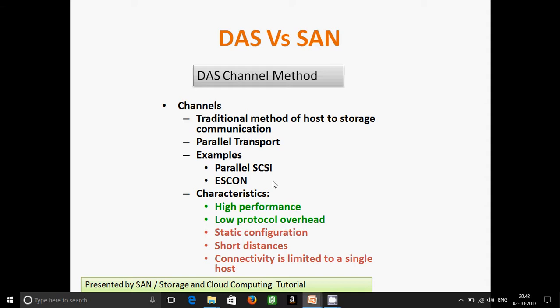As we understand, DAS means directly attaching the server to the storage, so you can connect only one server to the storage, or basically two or three hosts. That depends on how many ports are available on the storage devices, and according to that the number of direct attached hosts can be defined. So basically it is the old method. Nowadays we are not using it.